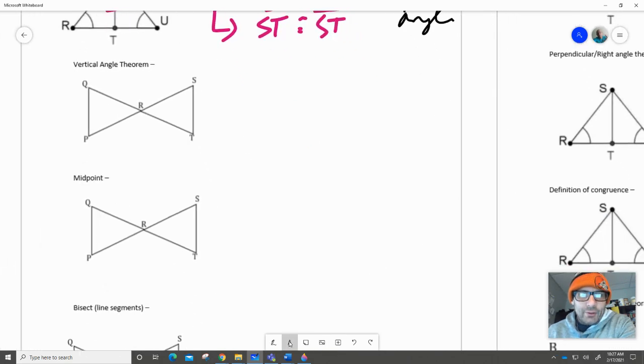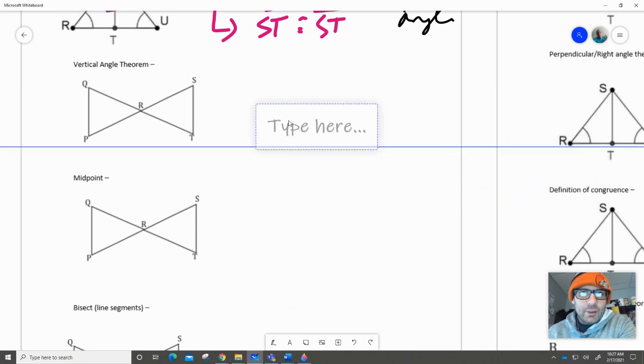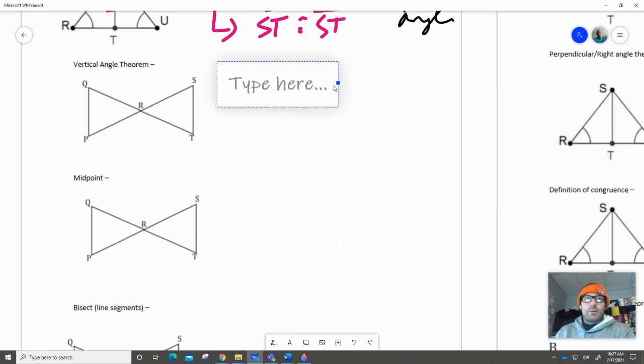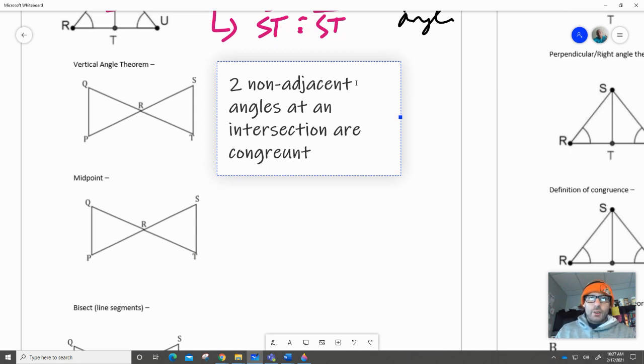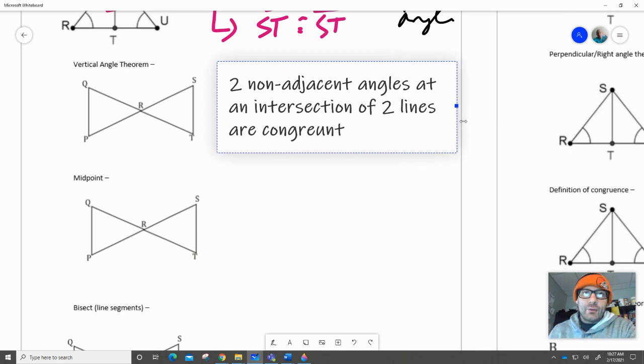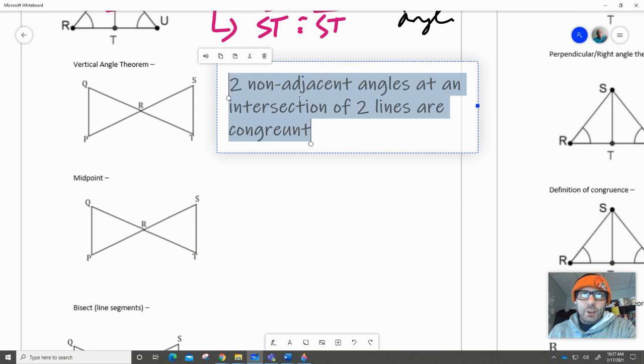Vertical angle theorem. We talked about this very early on. The vertical angle theorem is just that two non-adjacent angles at an intersection of two lines are congruent.